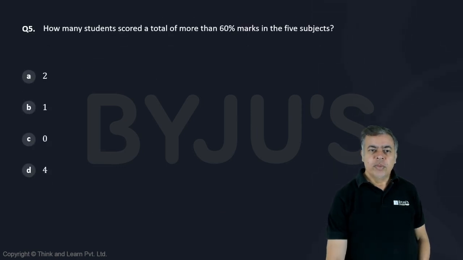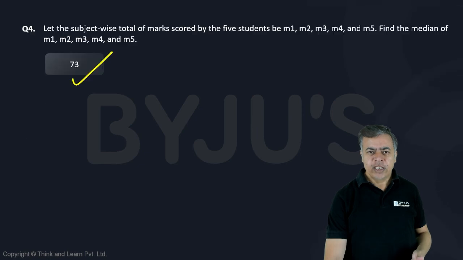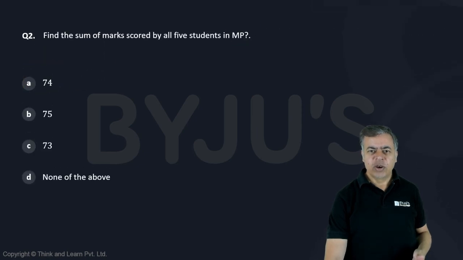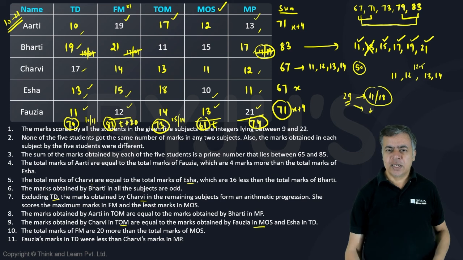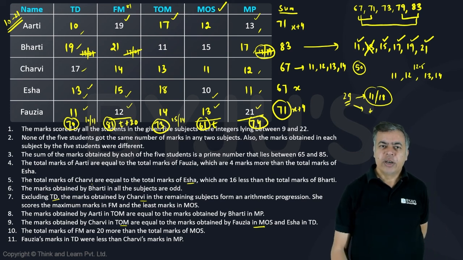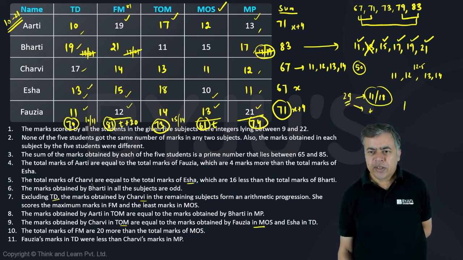Okay, now how many students scored a total of more than 60% marks in the 5 subjects? More than 60%. This was easy because this we already knew, right? Okay, so we calculated it, right? I think the first thing we calculated was this only, the total. And total marks are 125. So you can say that 125, 60% is 75.